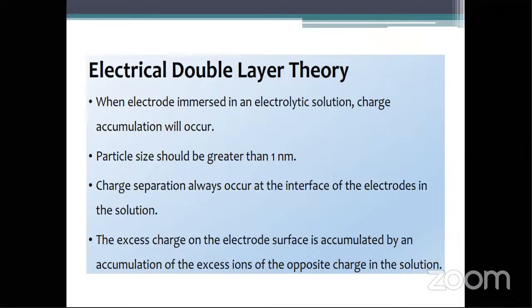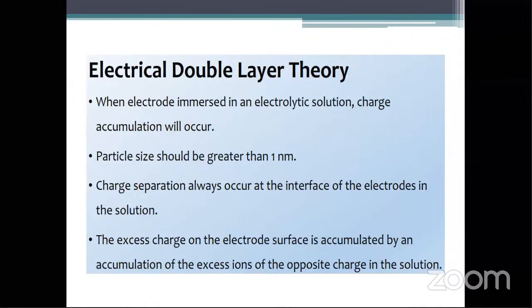So when electrodes are dipped into the electrolyte solution, charge separation always occurs at the interface of the electrode. The excess charge on the electrode surface is accumulated by excess ions of the opposite charge in the solution. Try to understand every line and every point.